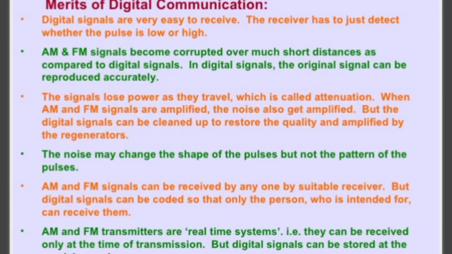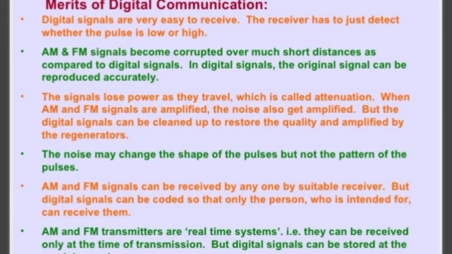AM and FM signals can be received by any suitable receiver, but digital signals can be coded so that only the intended person can receive them. Based on this principle, digital forms work: for a movie or picture that is transferred, only if you know the decoding can you obtain it.